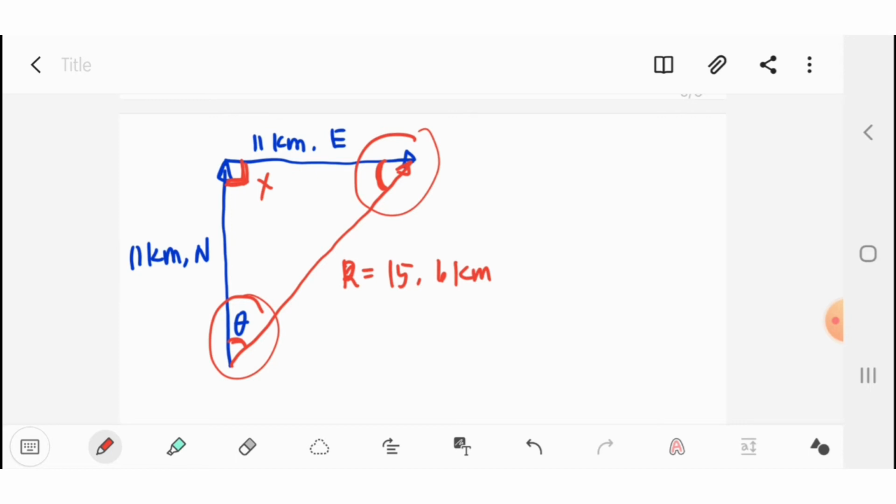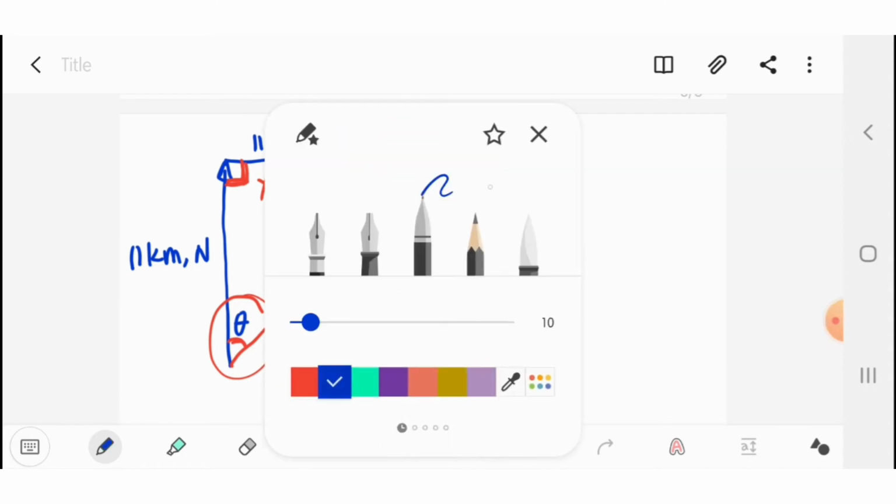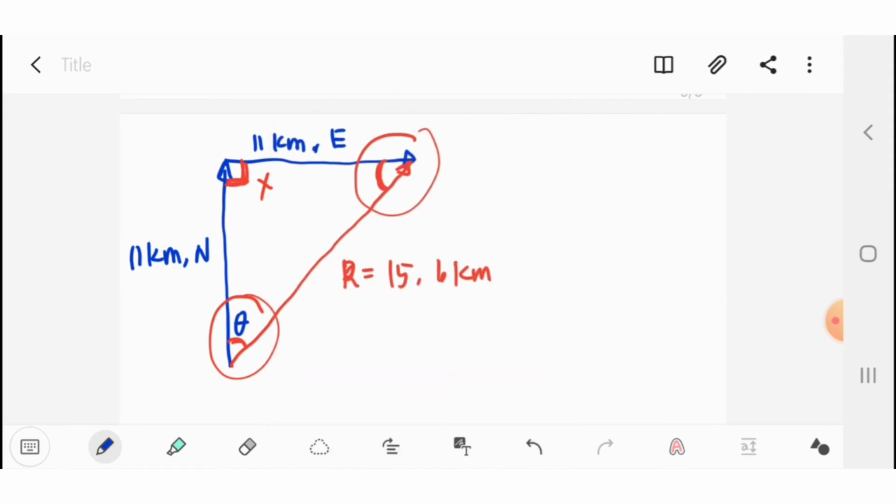Now, we are going to use the given that we used in the previous video that we had. We have 11 kilometers going north and another 11 kilometers going east. In our previous video, we have already determined the magnitude of the resultant, which is 15.6 kilometers. Now, we just have to find the direction.